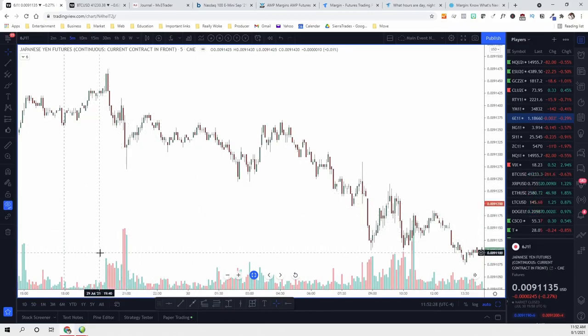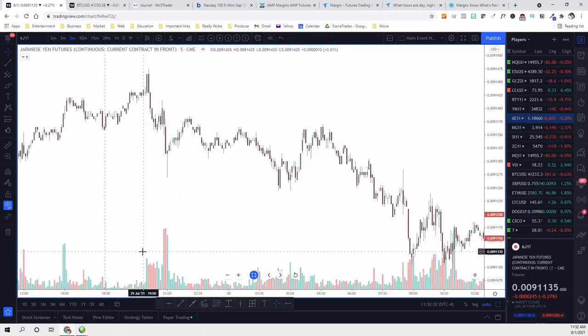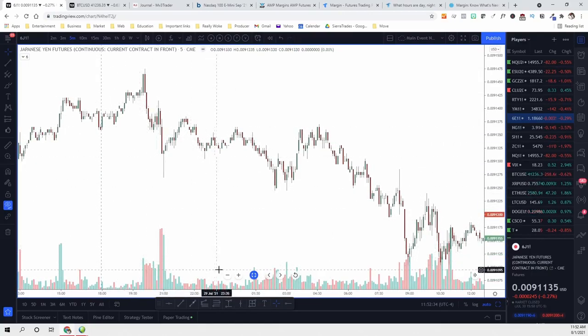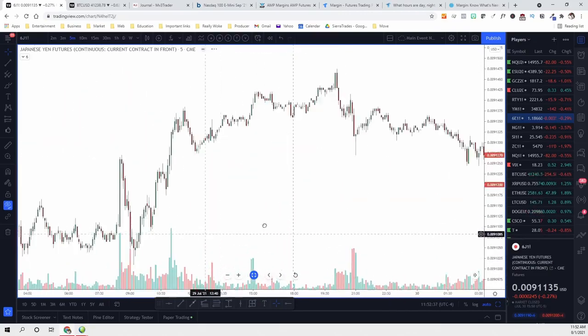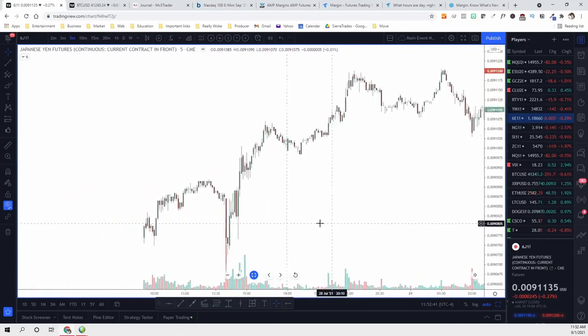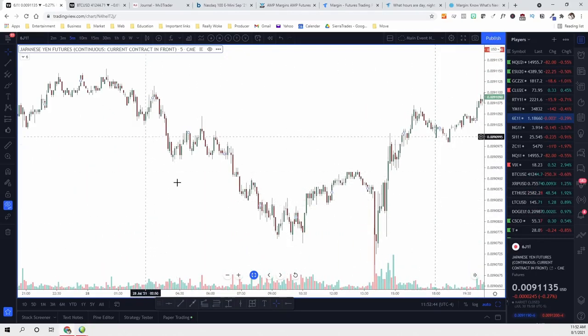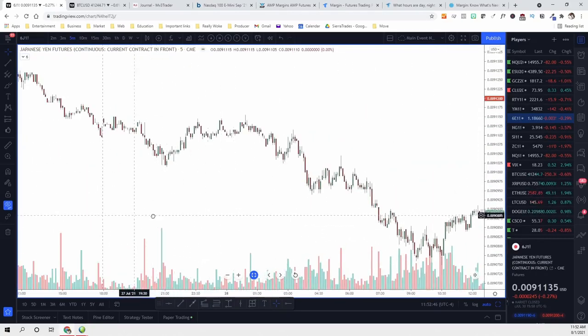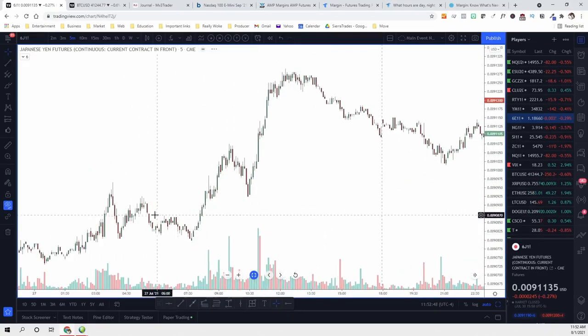You can see right here it's at 8 o'clock at night. You got good price action, you got good volume. That's on this day, and all throughout the trading session, you can see these currencies give you some pretty decent movement.